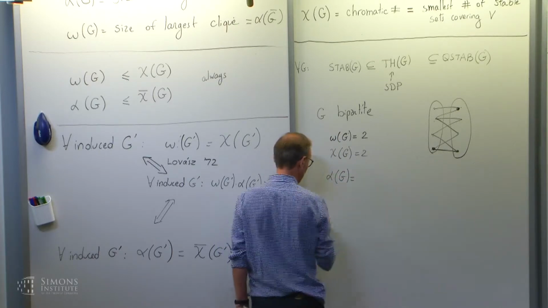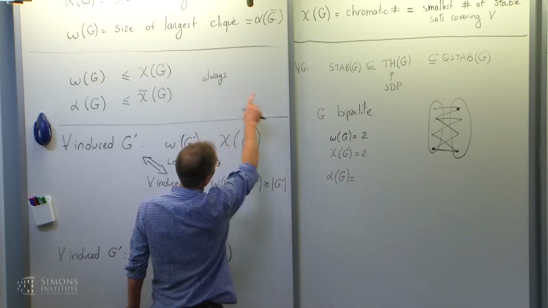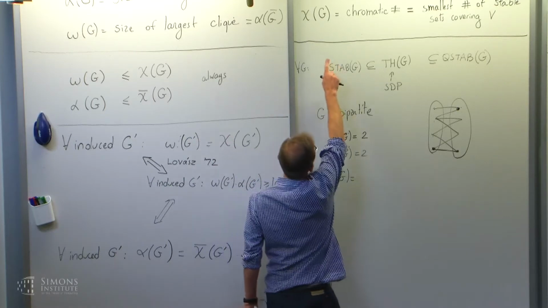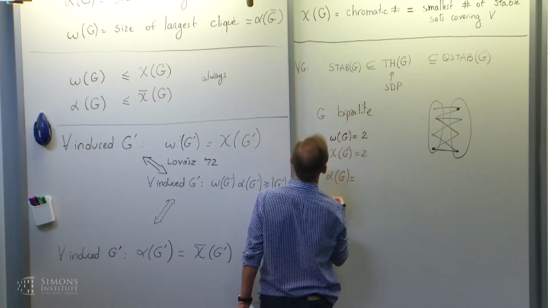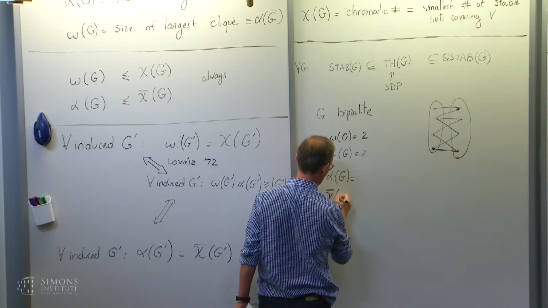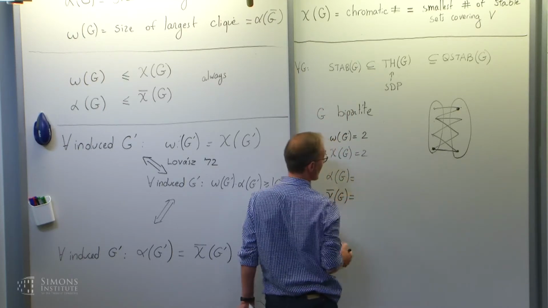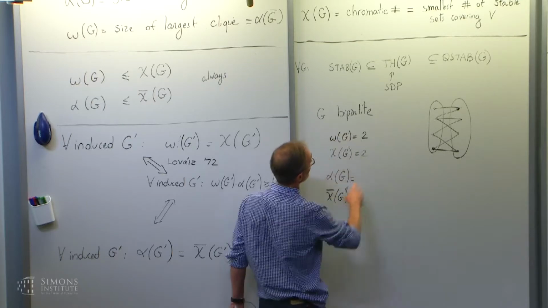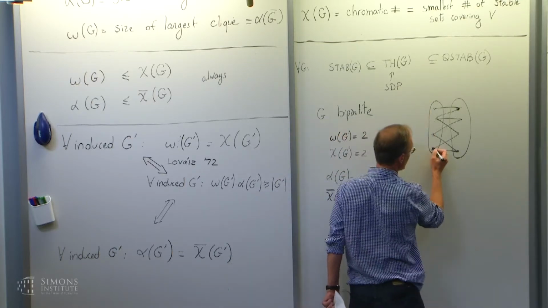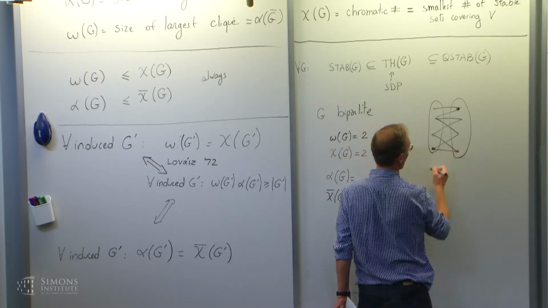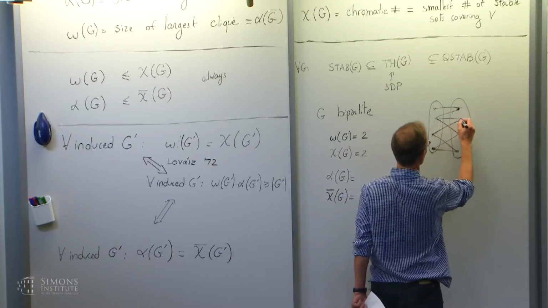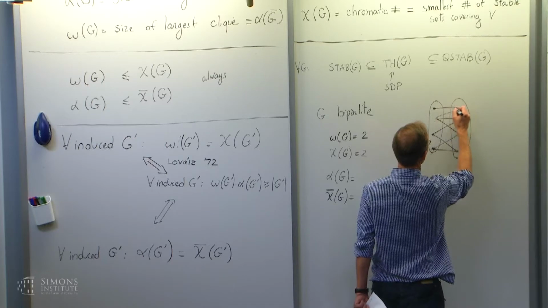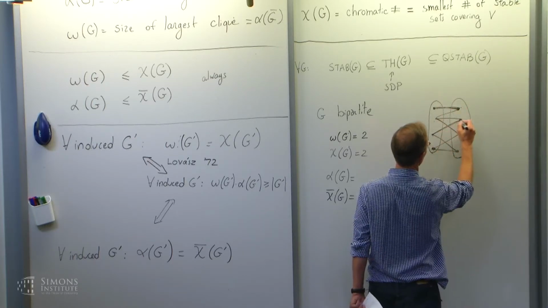And what does the clique covering number mean? So what is chi bar of G? Well, that's the smallest number of cliques that you need to cover all the vertices. So you could try to take a matching and then add some, since not everything is covered.